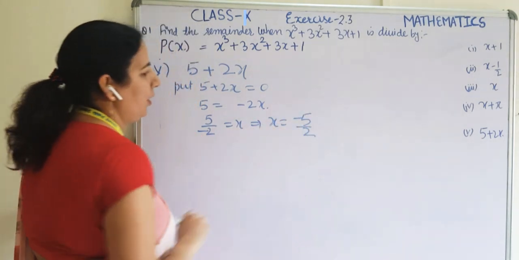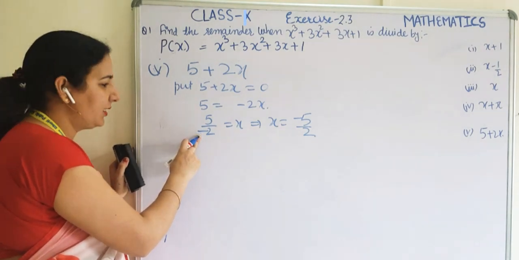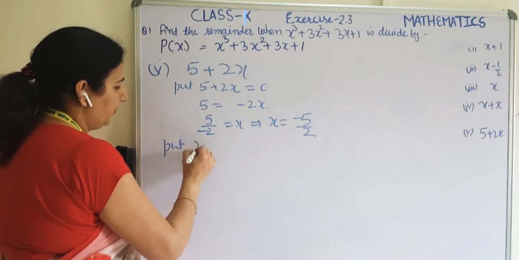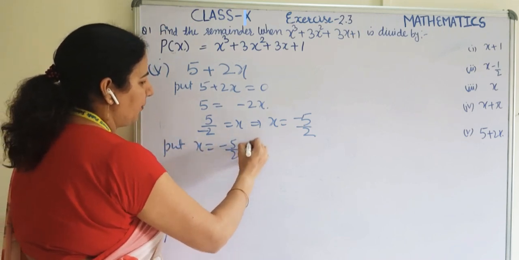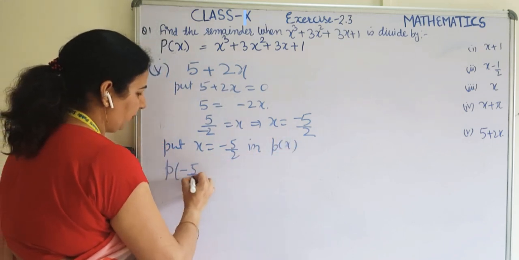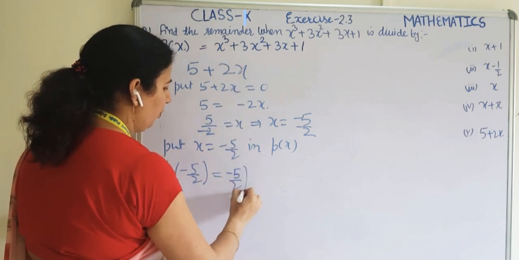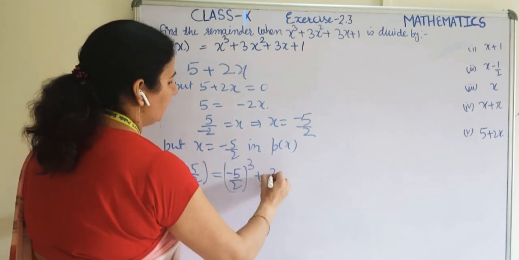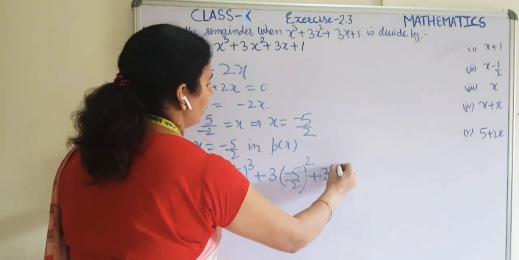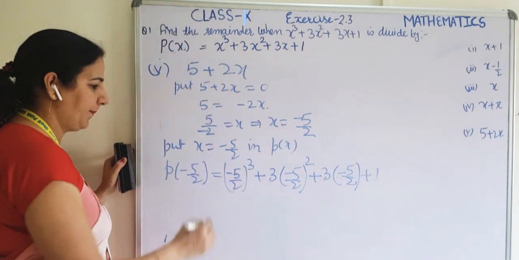Minus 5 upon 2. Because we are aware of one rule: because the minus sign is in the denominator, shift it to the numerator. So put it in p(x). Put x equal to minus 5 upon 2 in p(x). Then p(x) will be p(-5/2). Minus 5 upon 2 whole cube plus 3 into minus 5 upon 2 whole square plus 3 into minus 5 upon 2 plus 1.